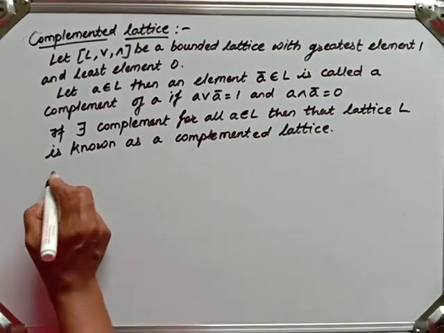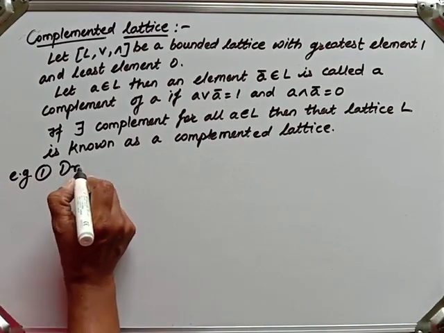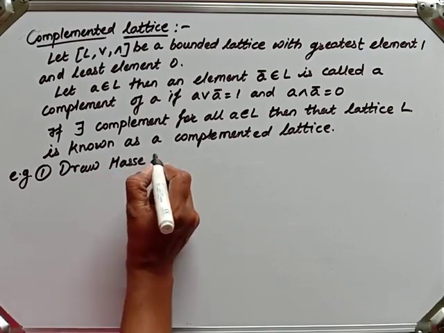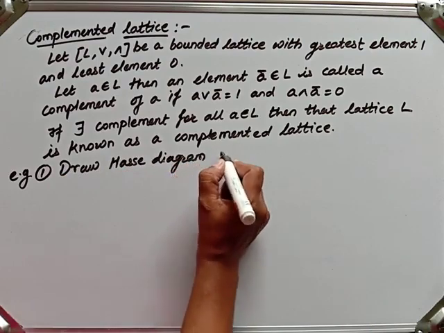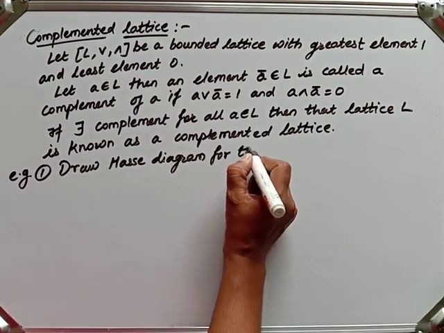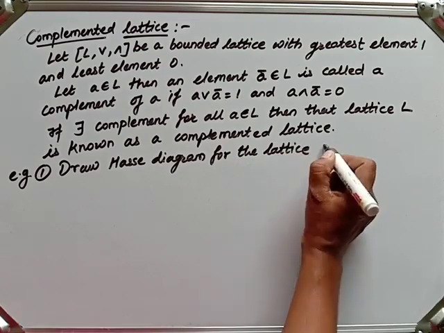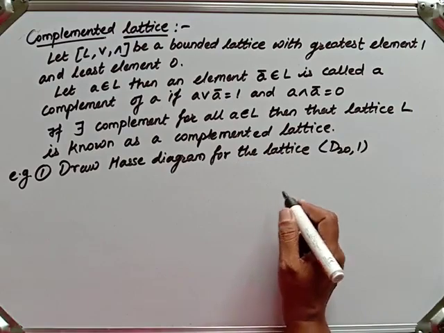Now, an example. Suppose we have to draw the Hasse diagram for the lattice D20 with division.